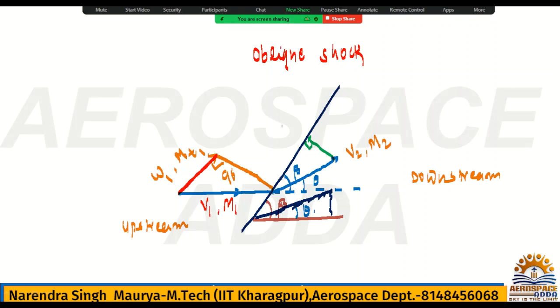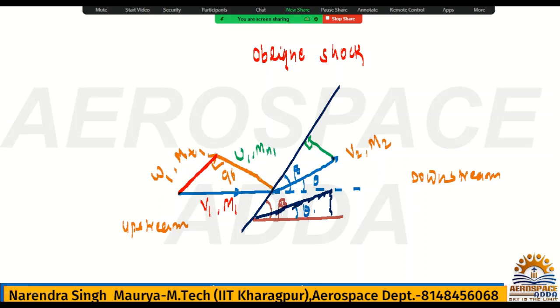So I can say this perpendicular component, and this is the perpendicular component also. The velocity is u1 upstream, and the Mach number will be Mn1. Why Mn1?